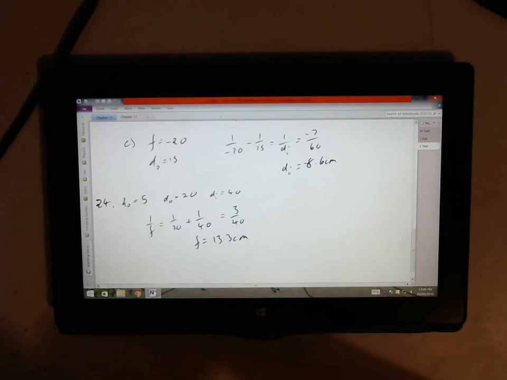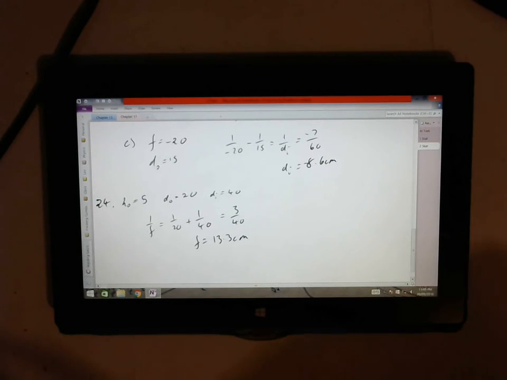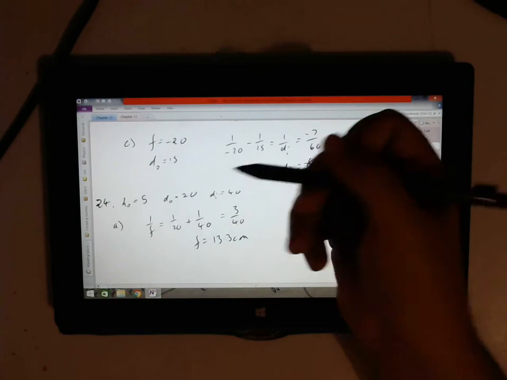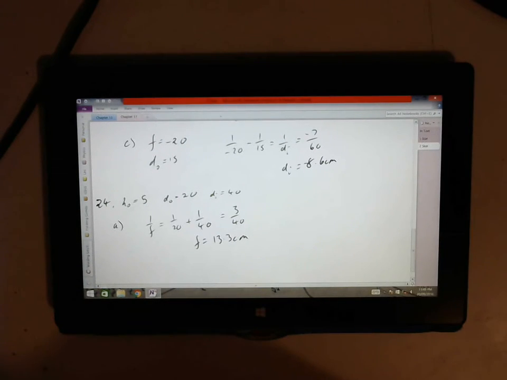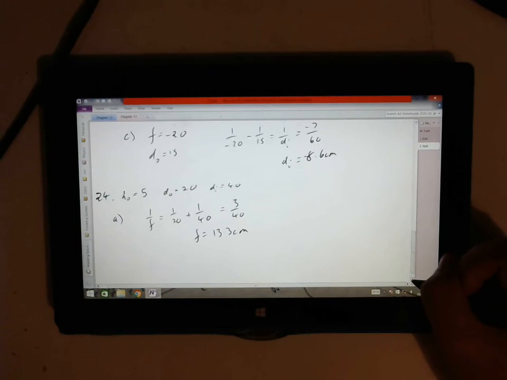Okay, next step, 24. What is the size of the image? Okay, so we need to know how big is our image, what is height image. And we get that through using these numbers. We could create magnification, and we may as well actually, because it's going to help answer part D, so let's do it that way.